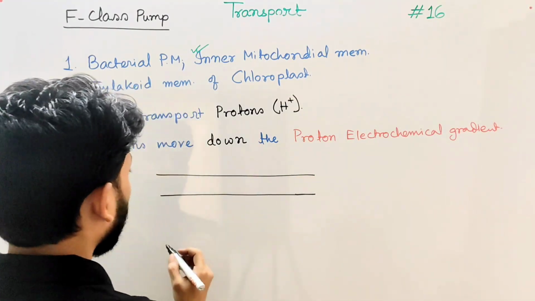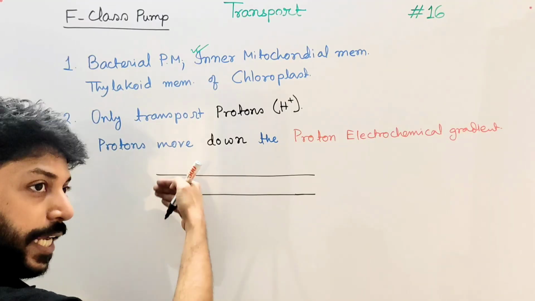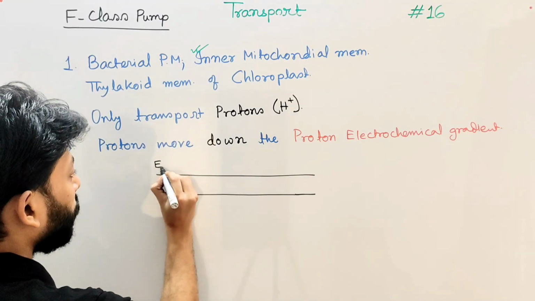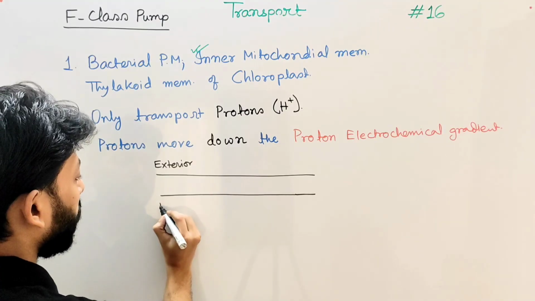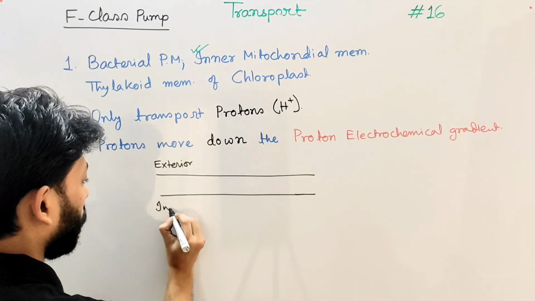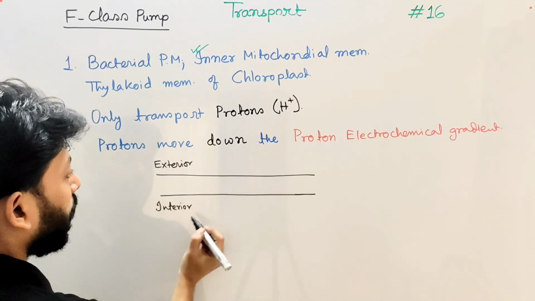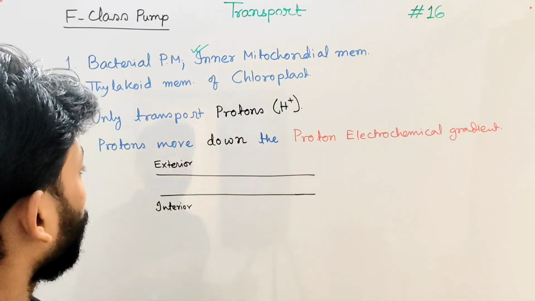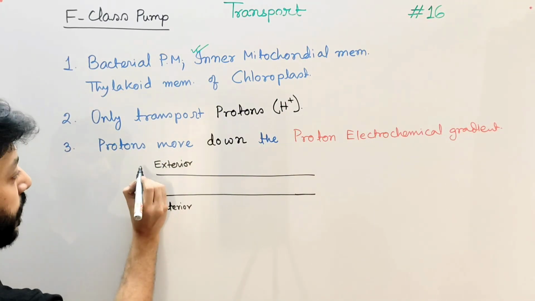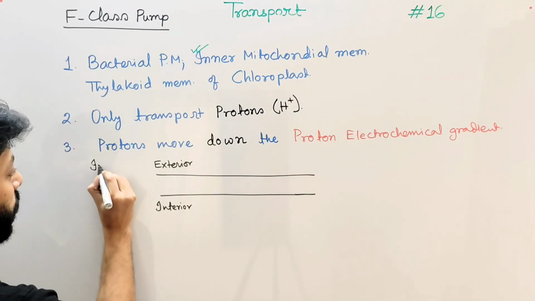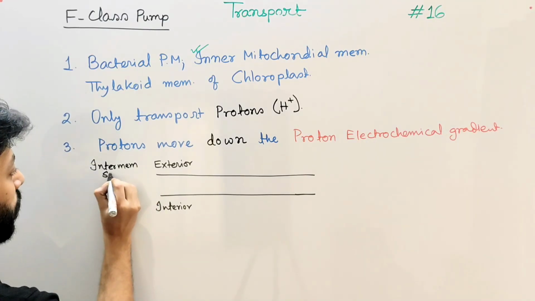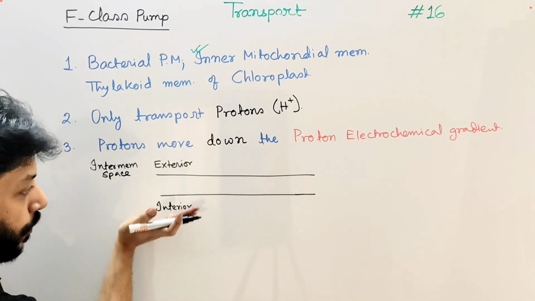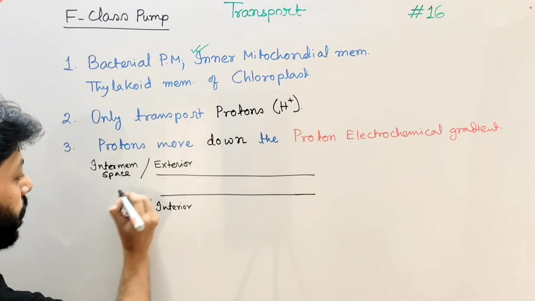One side of the membrane is called the exterior side, and one is called the interior. Suppose this is interior. In case of inner mitochondrial membrane, the exterior side is the intermembrane space, and this side of the membrane is the matrix.